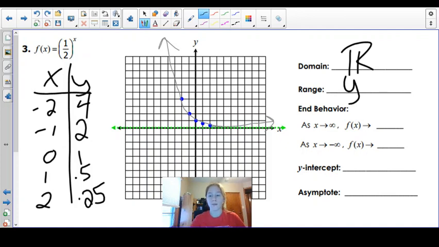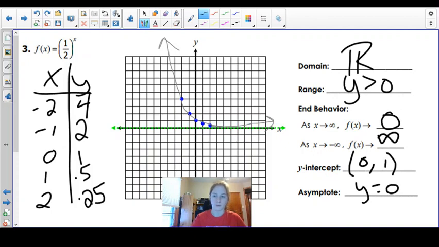My range, my y values are still greater than 0. This is where it's going to flip today. As I'm going in the positive direction, I'm actually approaching 0, and as I'm going in the negative direction, I'm approaching infinity. My intercept is at 0, 1, and the asymptote is y is equal to 0.